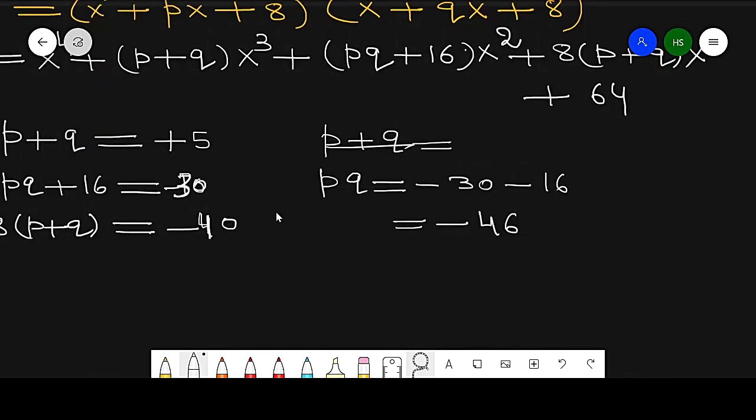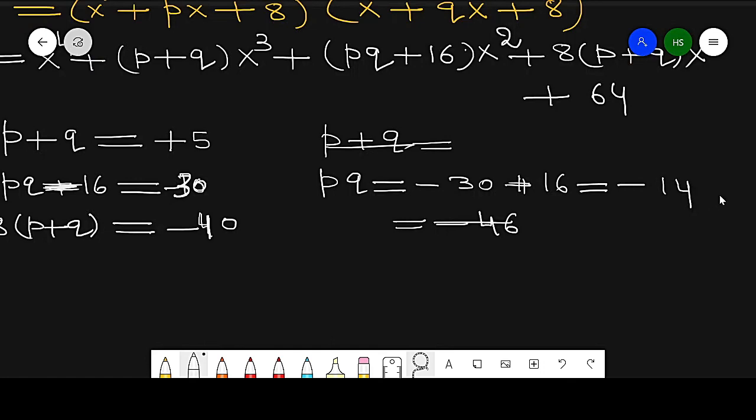So this pq is equal to -30 minus 16. If this is -8, here it is minus, so if it is minus, it is a plus. So this value will become -14.